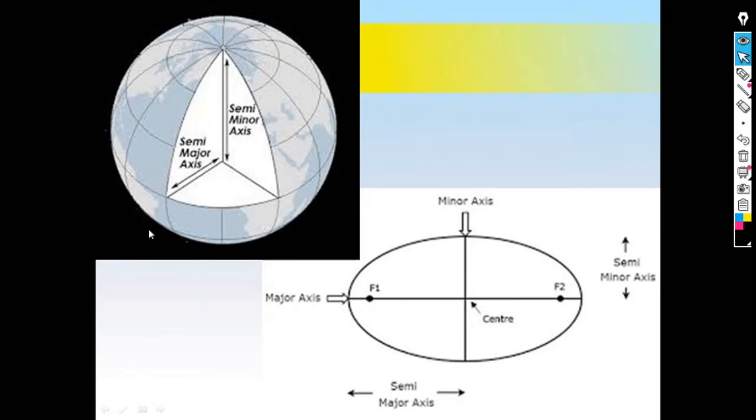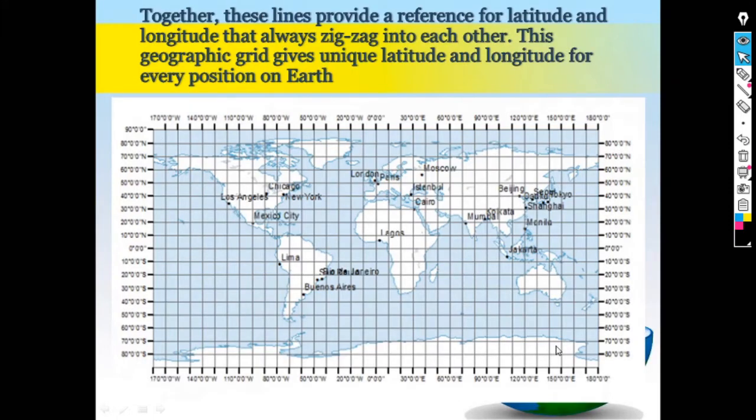Even for longitude, these are longitudes, so this will have the same value as that of this side. It will go and come back again from this. So that's how the whole earth has been divided into latitude and longitude.